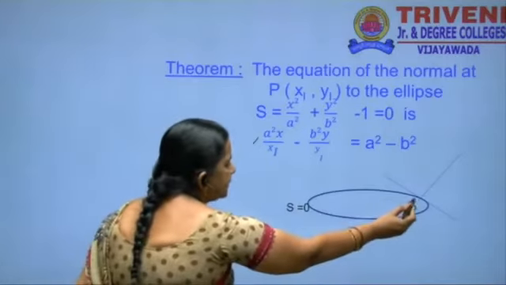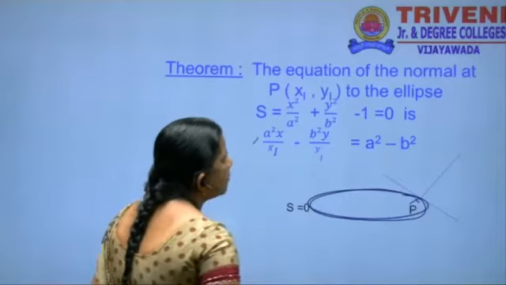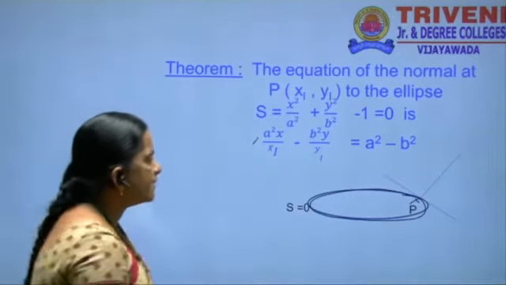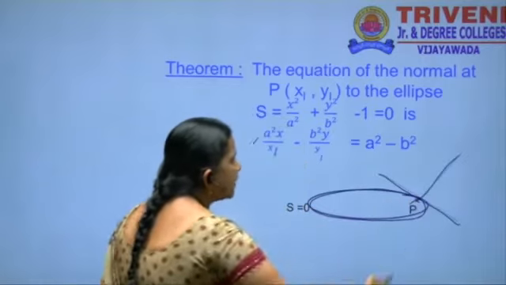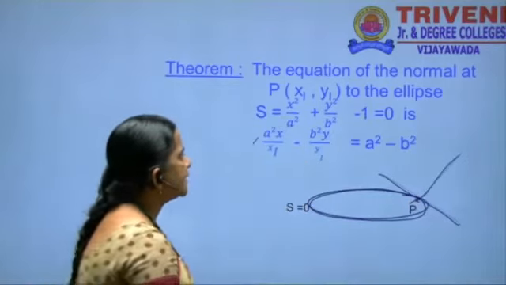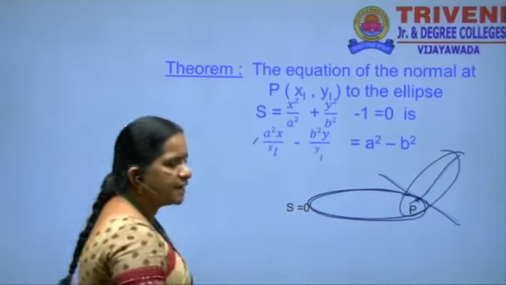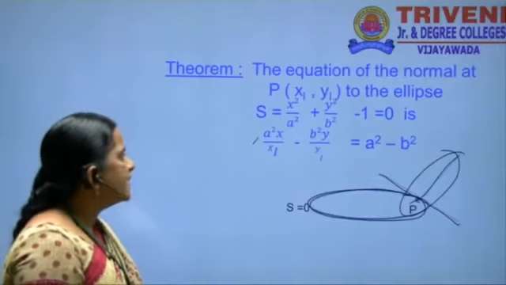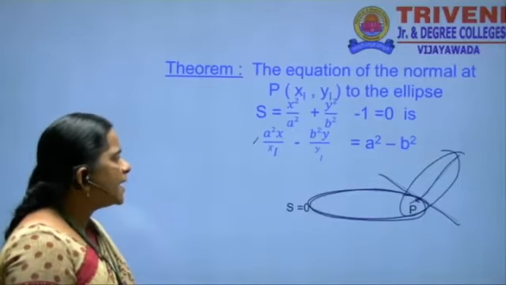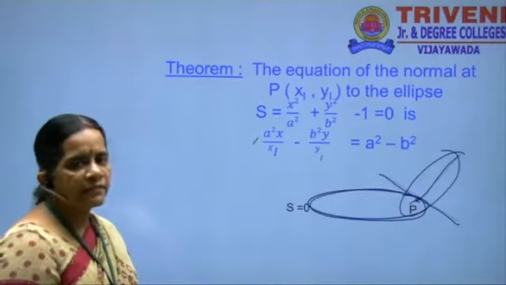This is the ellipse and here is the point P(x1, y1). This is the tangent. This is the normal. What we have to find here is the equation of the normal at the point P(x1, y1).